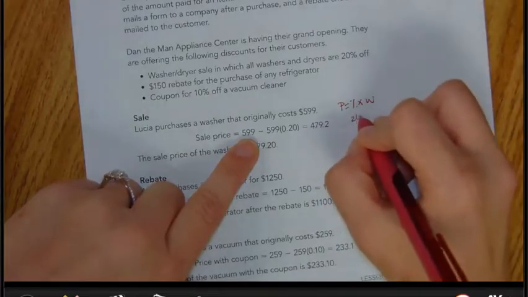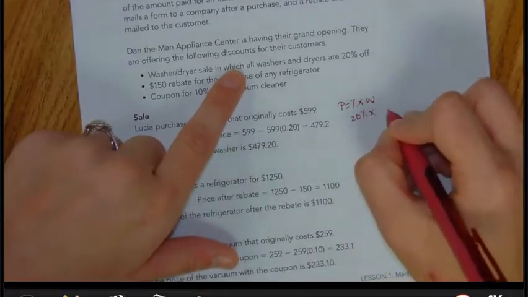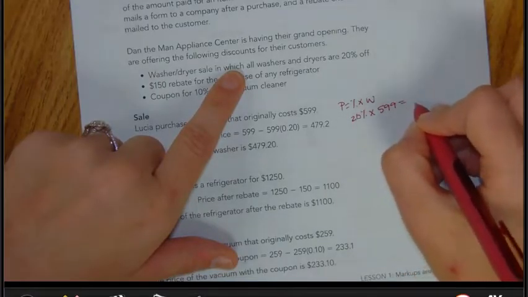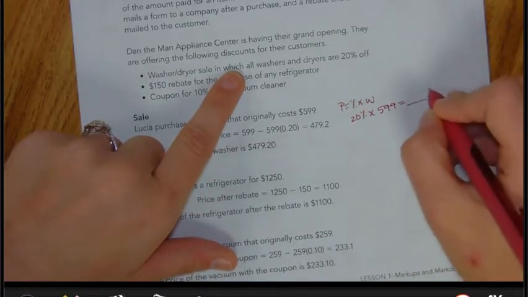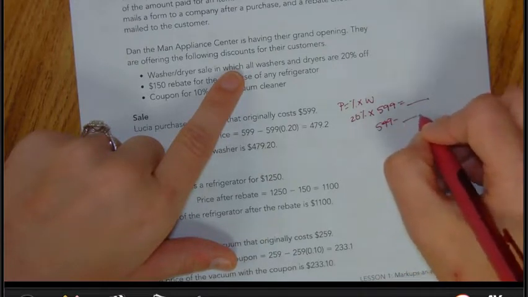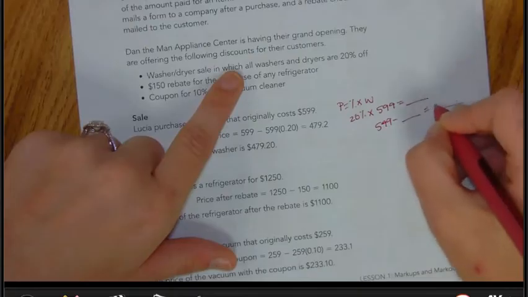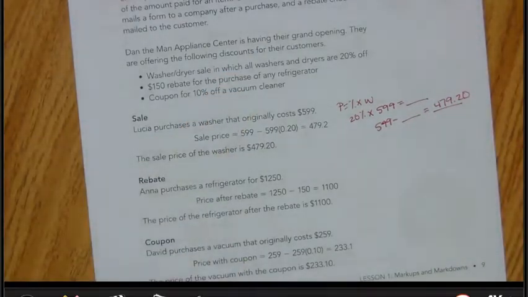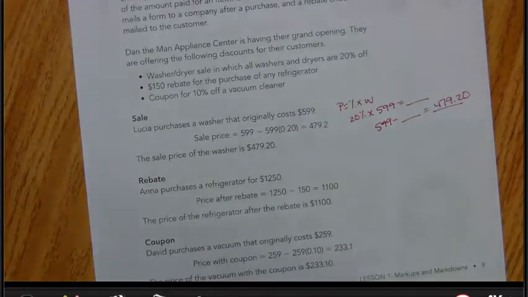The percent was 20% times the total of $599. She got this answer and subtracted it from her original $599 to give her $479.20. Okay, we'll do plenty of practice on that.